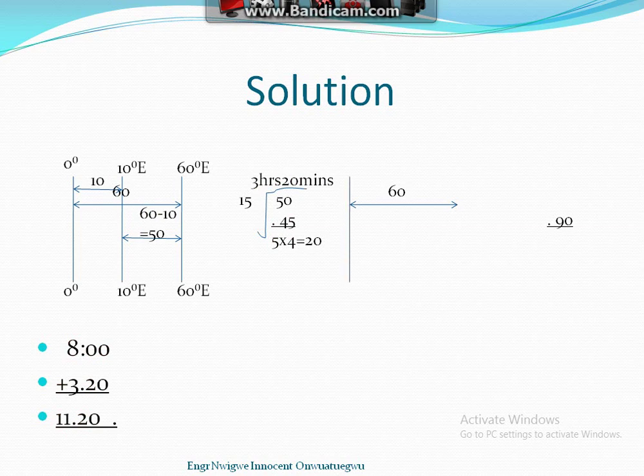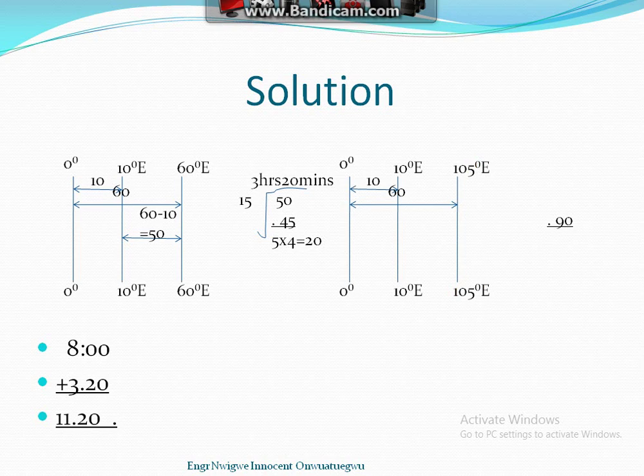Then, to get the time at Abuja, since the longitude of Lagos from the prime meridian is 10 degrees east, the longitude of Abuja from the prime meridian is 105 degrees east.